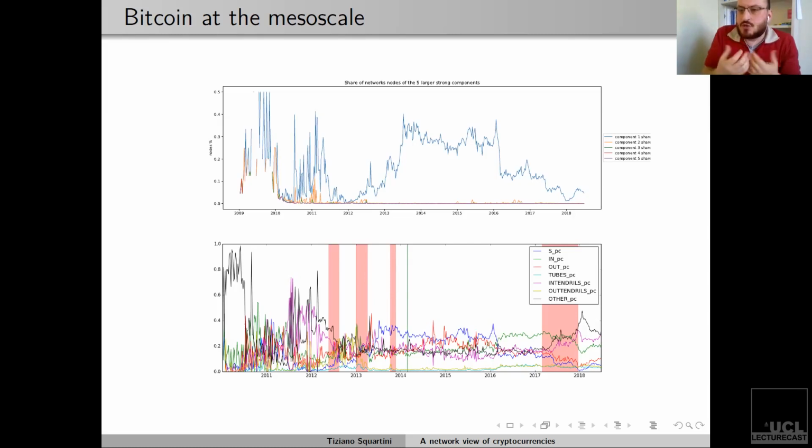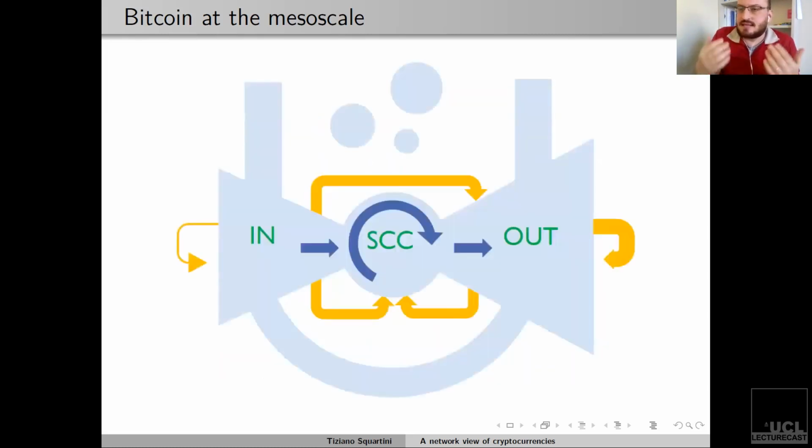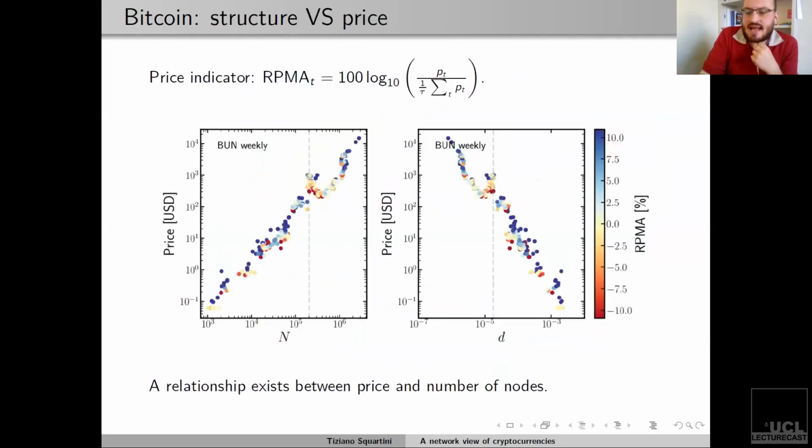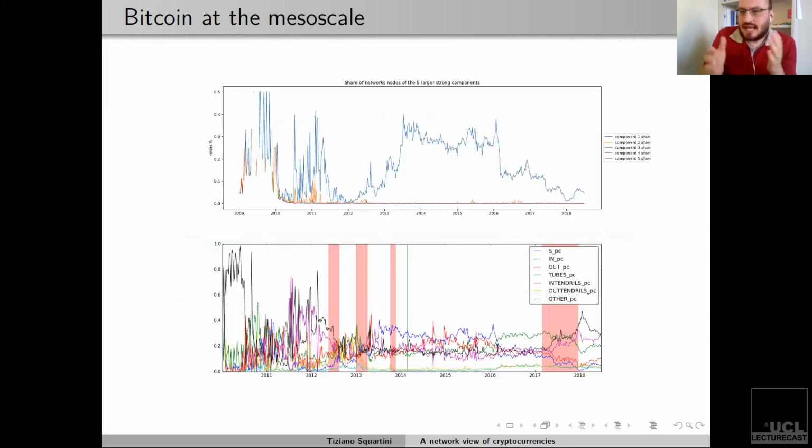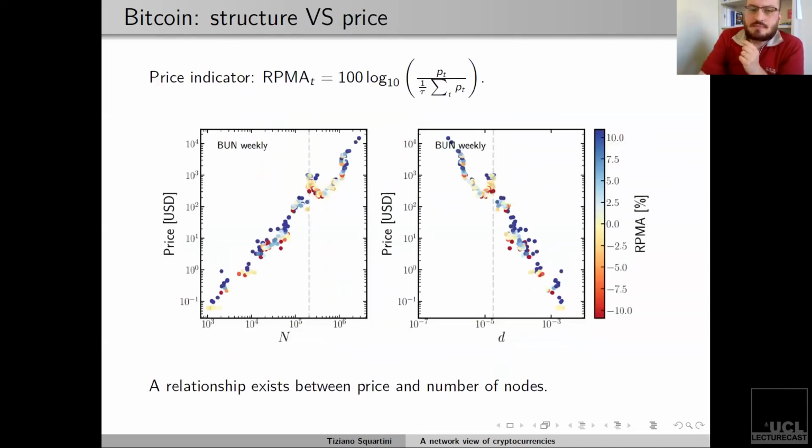So in these 3 years, you have the usual picture provided by a bow-tie structure, which is schematized here in this slide. And then after 2016, this picture becomes less clear. So the core portion seems to shrink and the periphery seems to enlarge. So it's not that clear.